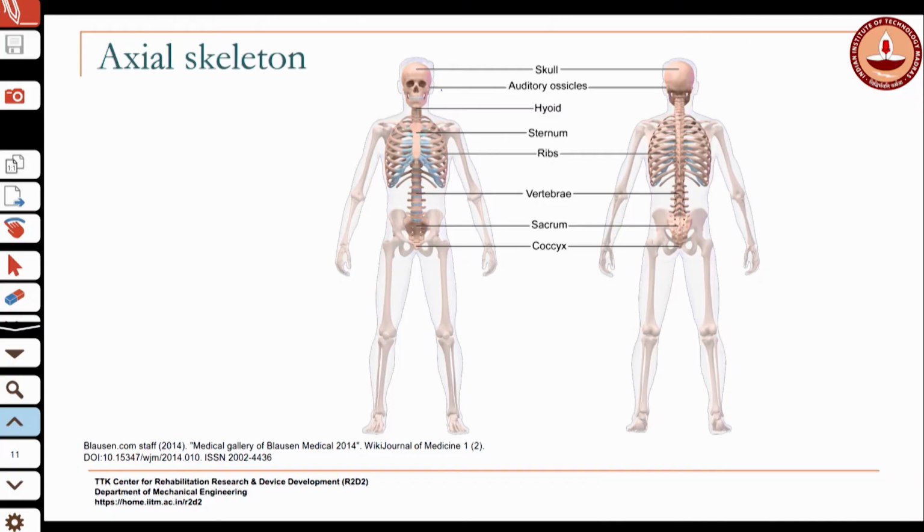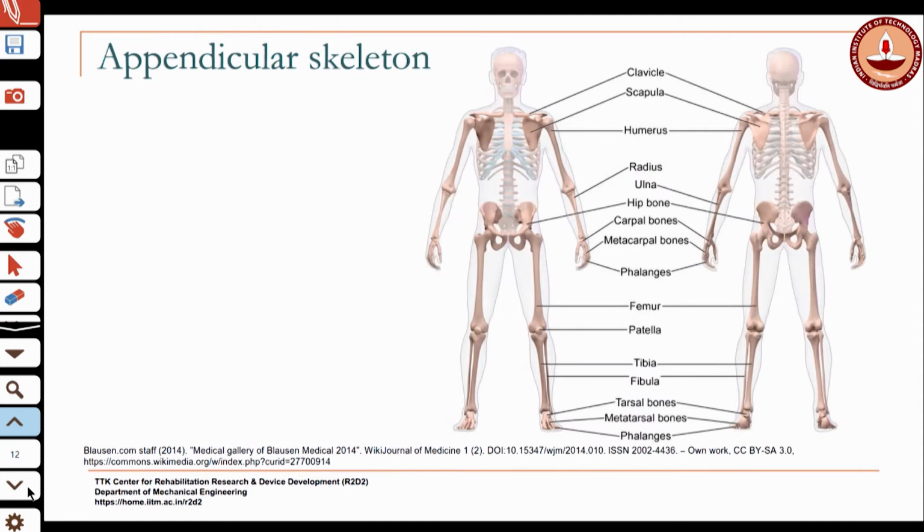We saw that the skeleton you can classify into what is known as the axial skeleton, which basically consists of the skull and the bones of the rib cage and the spinal column up to the tailbone or the coccyx, which is the end of the spinal column. So, it is the central part of the skeleton. This is known as the axial skeleton, and then you have what is known as the appendicular skeleton that is attached to the rest of the body as an appendage.